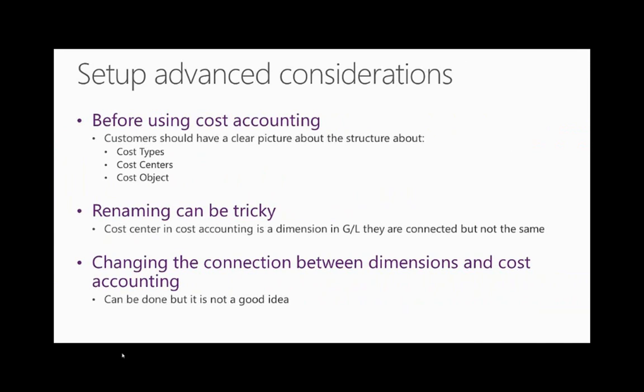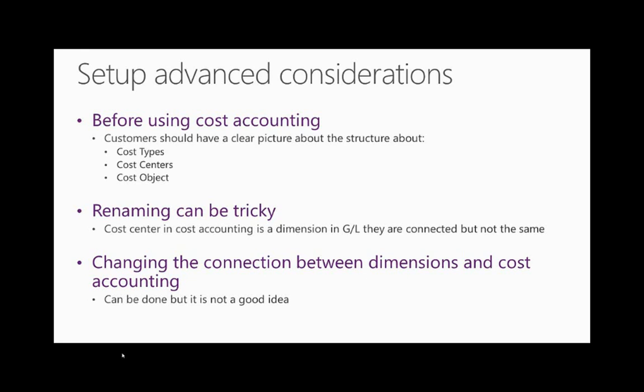one important thing is if you have a partner asking you what he should tell a customer if the customer now wants to use the new module, what they should do, how they should implement it. The most important thing is that they have, before starting to use the module, a clear concept of cost centers and cost objects.